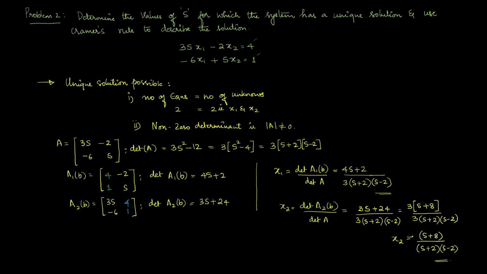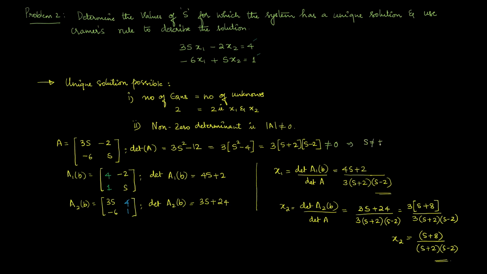So here the question was also to find the value of s, right? What we have basically done here is that we have computed the determinant of A, right? So the determinant of A was supposed to be not equal to 0. So that means 3 times s plus 2 into s minus 2 is not supposed to be equal to 0.